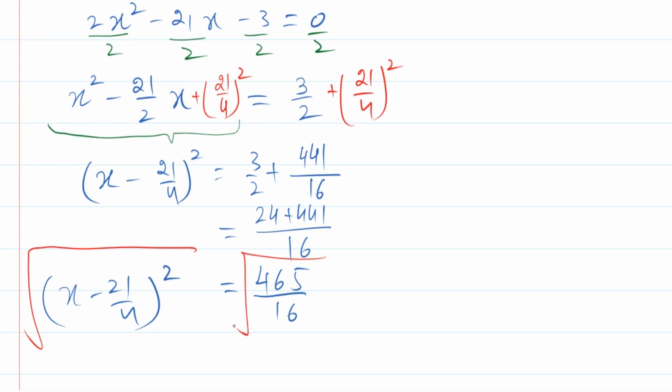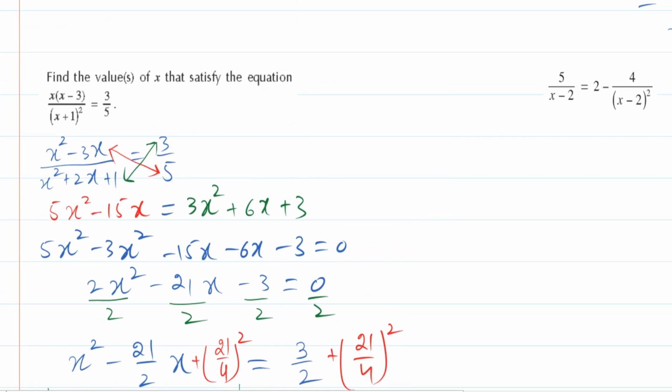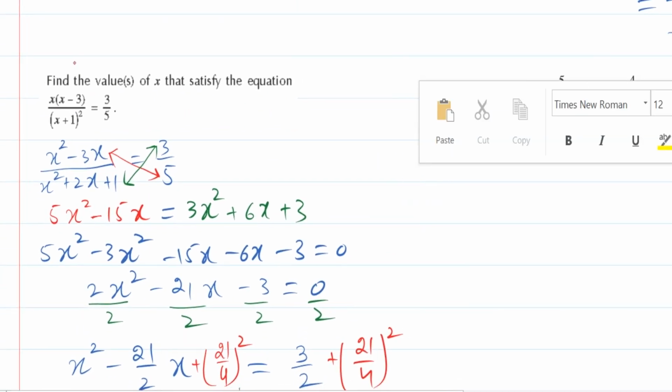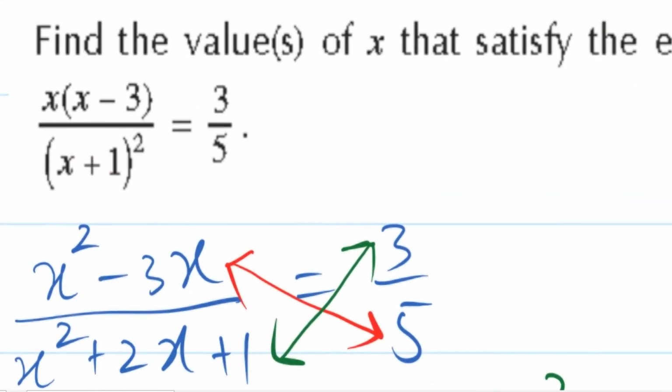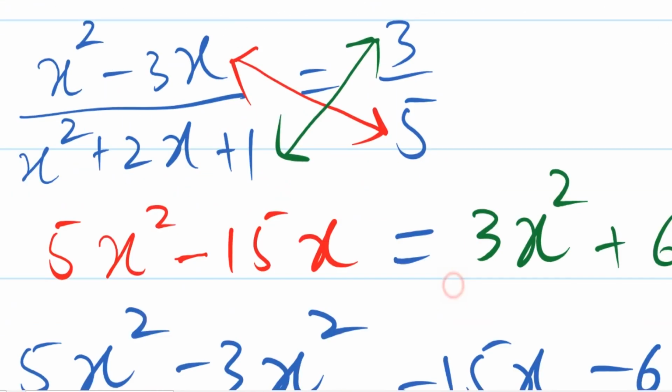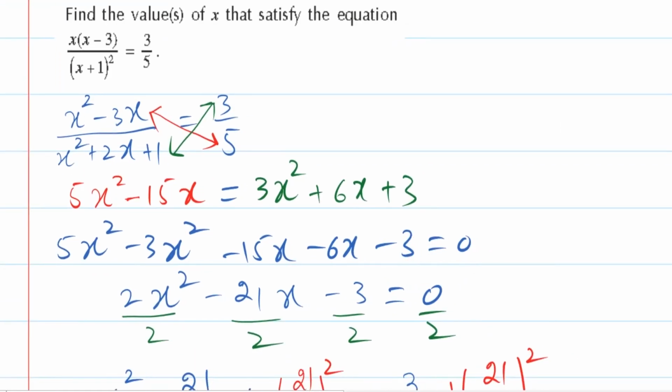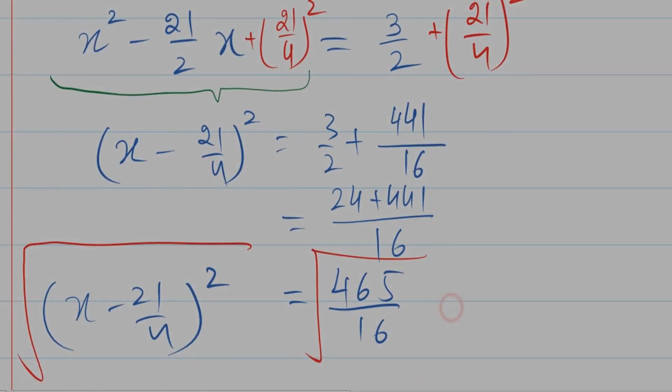You will have the calculators. You can convert these fractions into decimals and then you can solve them. I leave it to you because everything I explained before, the major task was to convert this fractional form into general form, which we did, and then making it a perfect square.